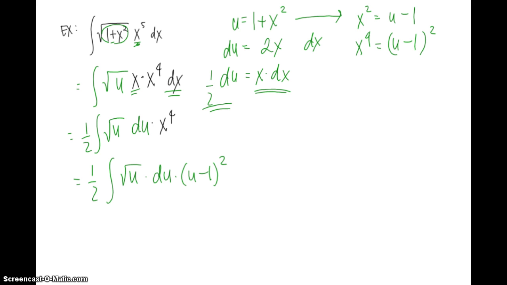And if you recognize here, I can make it into a power function, right? So I'm going to take u to the 1/2 here. I'm going to multiply out my u minus 1 squared. So I get u squared minus 2u plus 1. And then du is here on the outside.